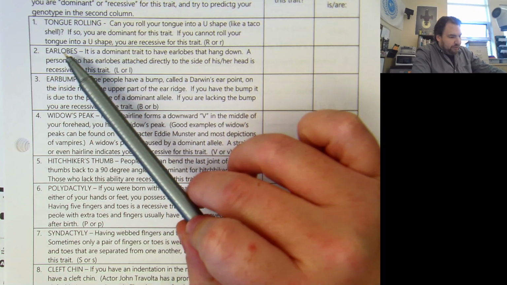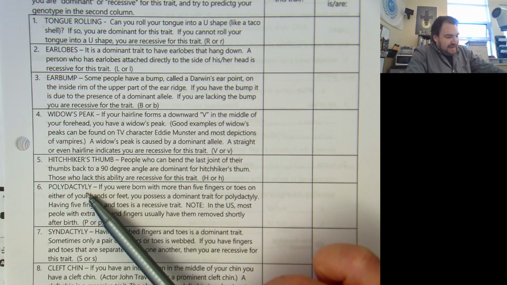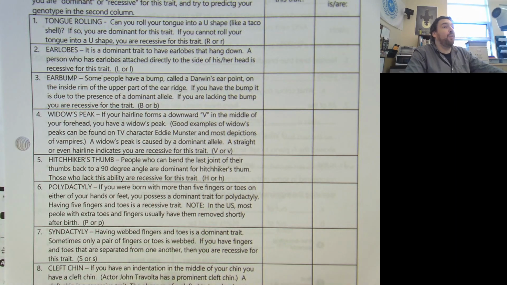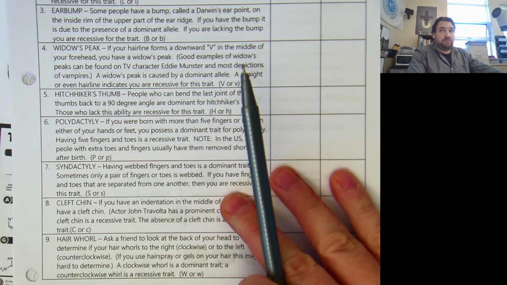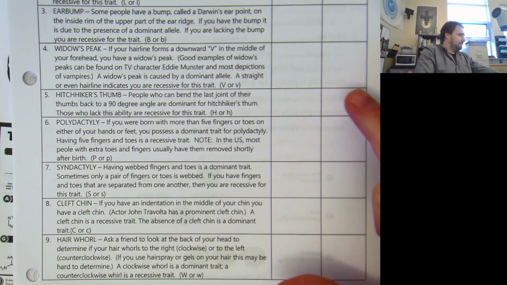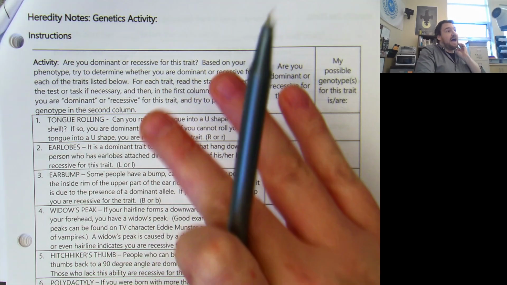The tongue roll, the earlobes, the ear bump, the widow's peak, the hitchhiker's thumb, something called polydactylism, syndactylism, a cleft chin, and a hair whorl. Whorl, not a whirl, a whorl. It's O, not I. Is the hitchhiker's thumb like this? You betcha.